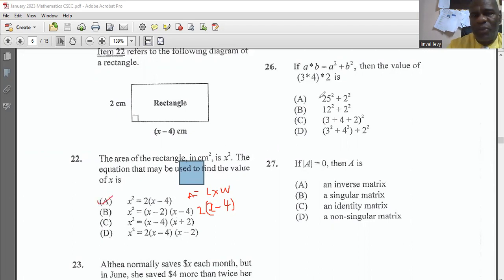All right, let's go across to number 26. If A star B equals A squared plus B squared, then the value of 3 star 4 star 2 is what? Now, let's work out what's in the bracket.